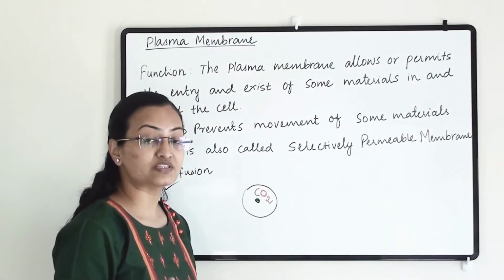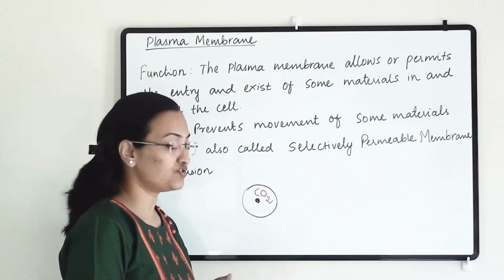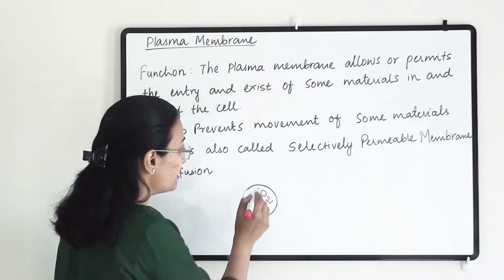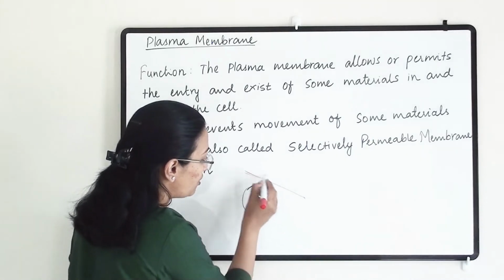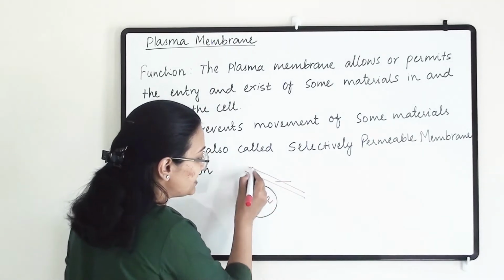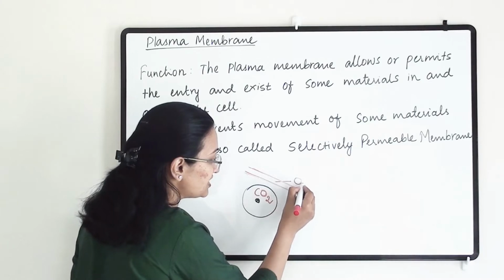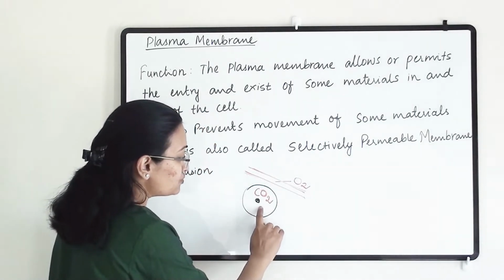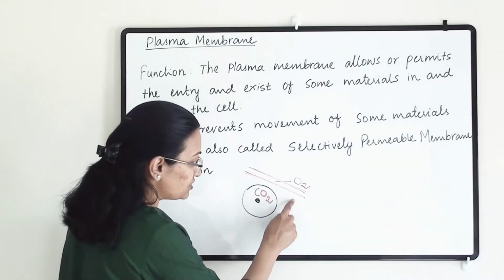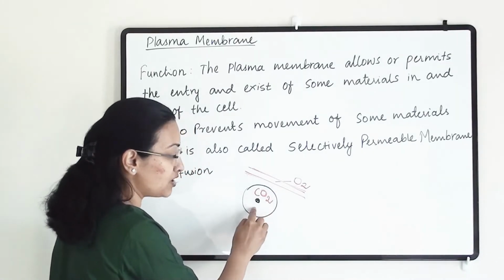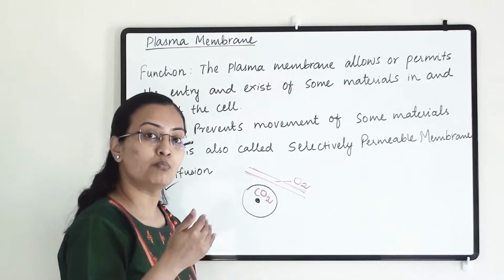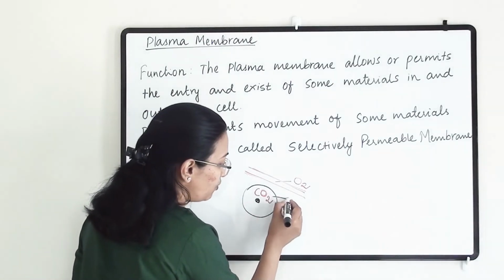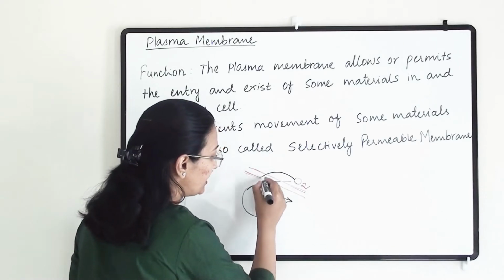Carbon dioxide is one of the wastes generated by the activities happening inside the cell. Outside, where fresh oxygenated blood is flowing inside the arteries, the oxygen is in a higher amount. So the cell needs to send this carbon dioxide out and oxygen needs to come in to perform some more activities. So here the carbon dioxide will go out and oxygen will come in.